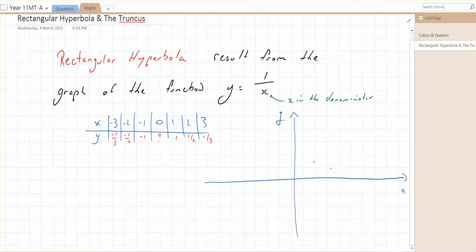As we go 2, a half, 3, a third, 4, a quarter, 5, a fifth, it's getting small. What happens in here when x is a half? I didn't put one of those points down, but I can't stop there. It looks like it's taking this shape, but when x is a half, y equals 1 over a half. How many halves are in 1? It's 2, isn't it? So when x is a half, y is 2.